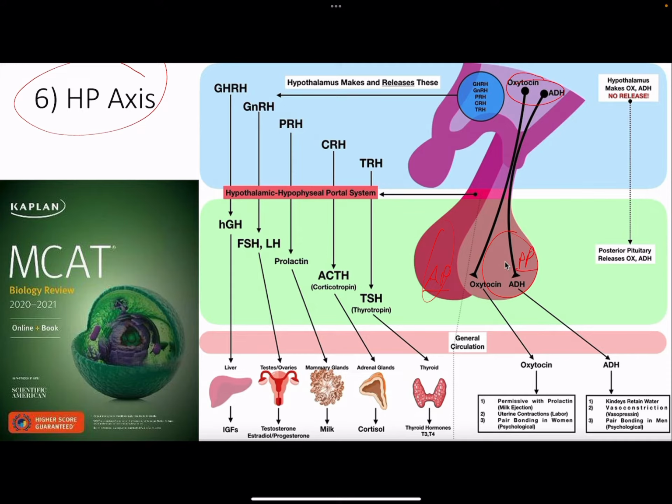The hypothalamus communicates with the anterior pituitary via its own hormones: growth hormone releasing hormone, gonadotropin releasing hormone, prolactin releasing hormone, corticotropin releasing hormone, and then thyroid releasing hormone to stimulate our FLAT PEG hormones, FSH, LH, ACTH, TSH, prolactin, endorphins, and then growth hormone. Endorphins we can ignore. And then these are going to have all sorts of interesting downstream effects.